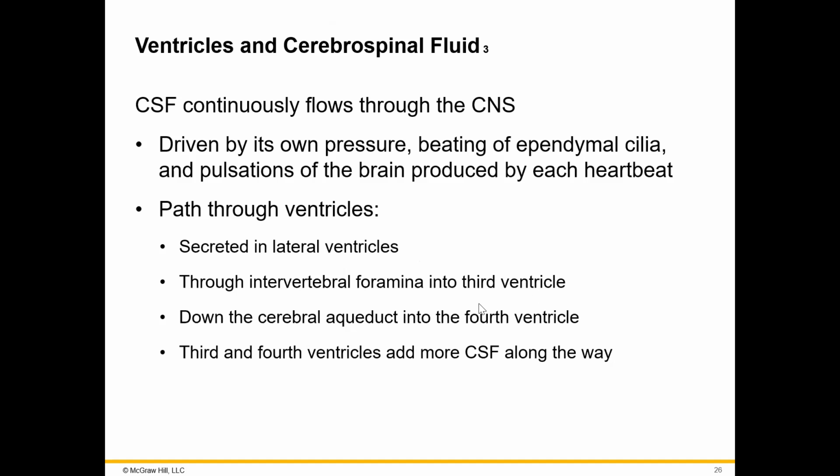And from the third ventricle, we squeeze all of our cerebrospinal fluid into the fourth ventricle through the cerebral aqueduct. So the third and the fourth ventricles add more cerebrospinal fluid along the way.